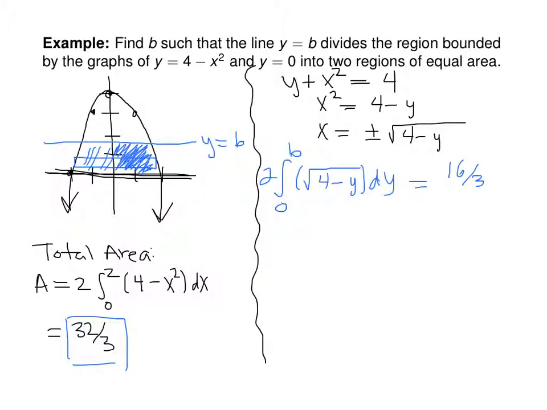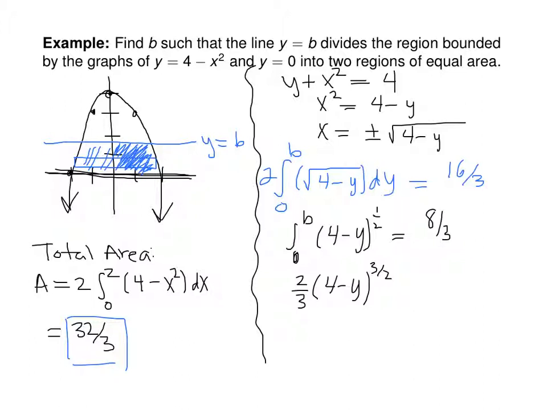So divide by 2, half of 16 thirds is 8 thirds, so I have the integral from 0 to b of 4 minus y to the power of 1/2 equals 8 thirds. Now it's not very hard to antidifferentiate 4 minus y to the 1/2. We'll have 4 minus y to the power of 3/2 times 2 thirds.